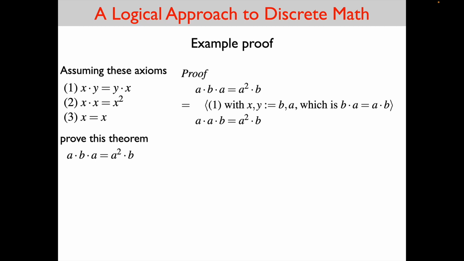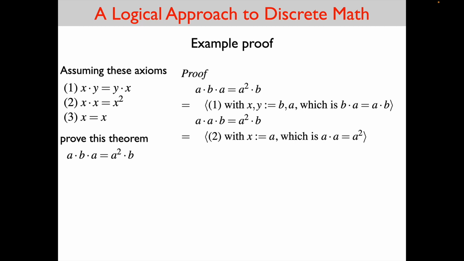And now the next thing that we do is we say, okay, now what is this equal to? Well, on the next step, we are going to use axiom 2, which is x times x equals x squared. But look, we don't have any x's in our equation here. What we have are a's and b's.